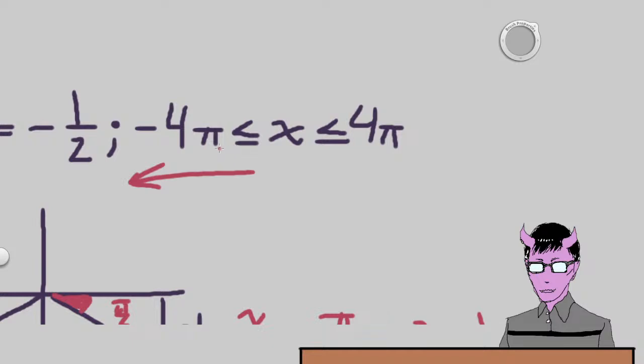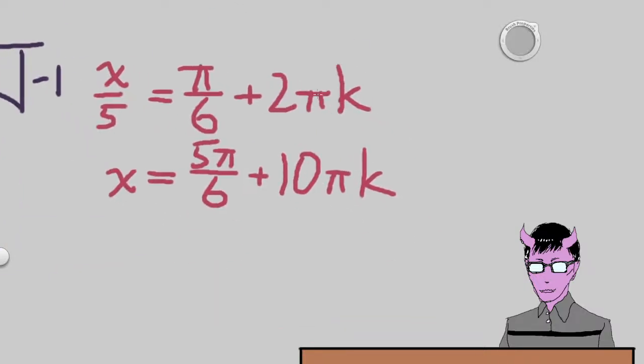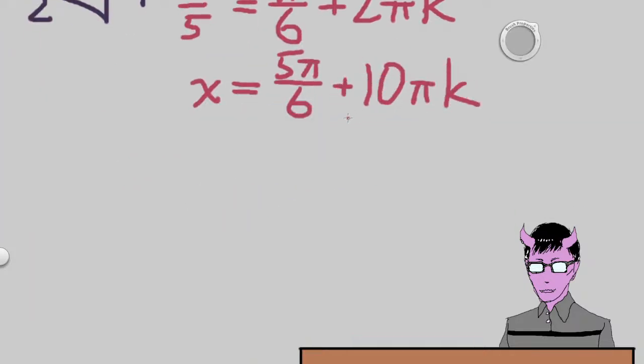If you subtract 10 pi, that's well past this negative 4 pi. So no need for much consideration. We will delete this portion right here. So this is unnecessary because, again, adding or subtracting increments of 10 pi will take us out of domain restrictions. So our only answer, therefore, is just 5 pi over 6.